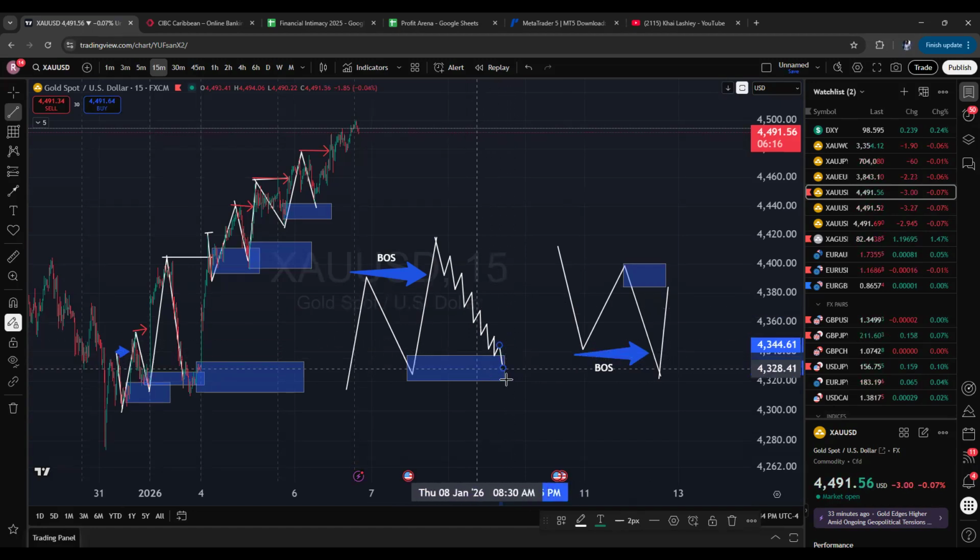You could put a limit in that area and be gone. They call that first to the party entry, so you're in as soon as price taps the where.